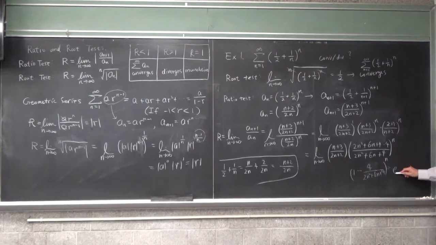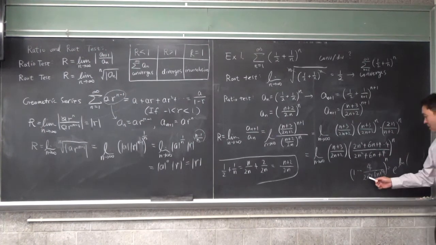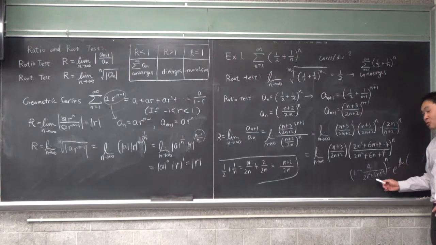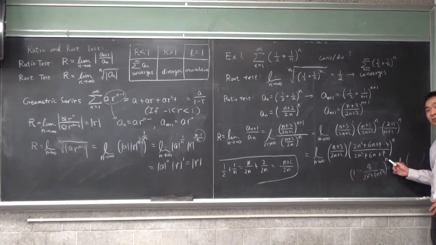You write this as e to the ln of this entire thing, right? And well, after that, you can do the jump the frog thing and do the fractions and do L'Hopital's. It's a whole really long calculation. And at the end of the day, because this is n squared and this is n, this n squared makes this go to 0 much faster than this n going to infinity.